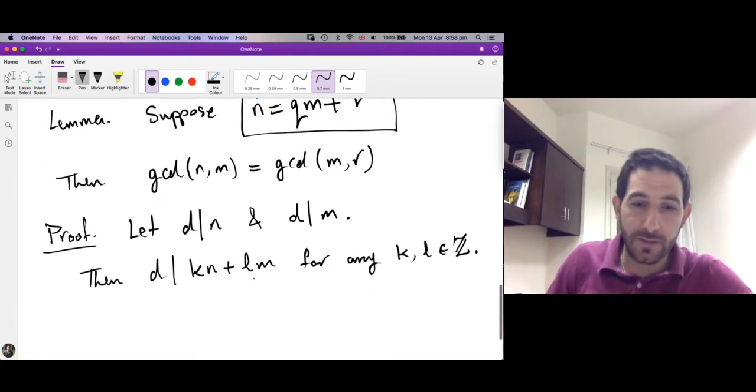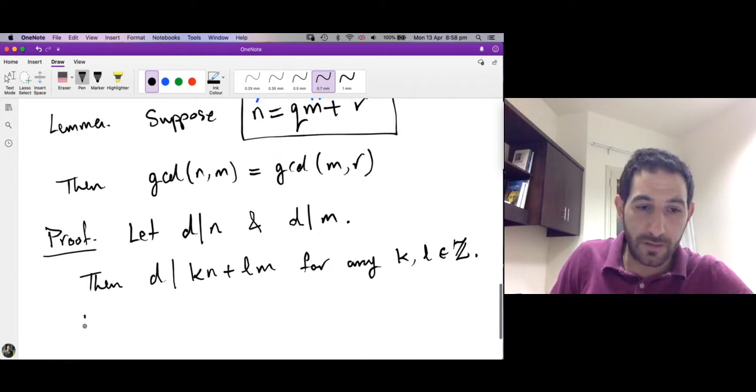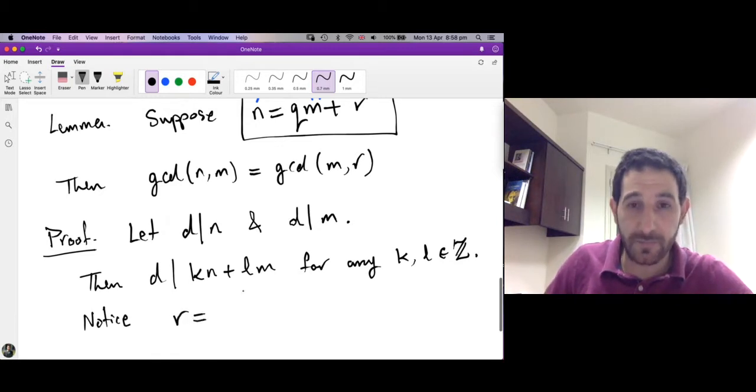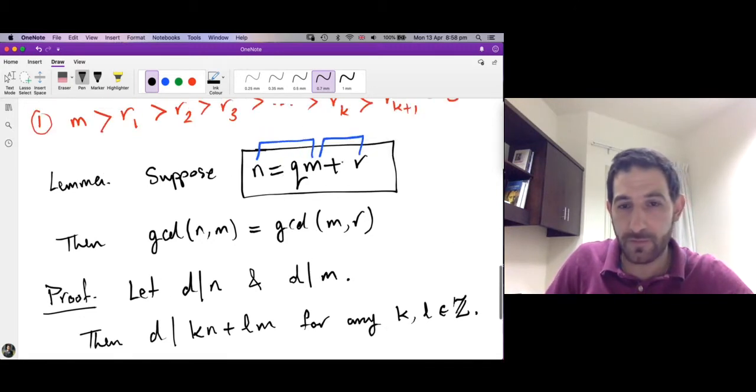But notice now that r is equal to n minus qm, right? Because from here we know that r is n minus qm.